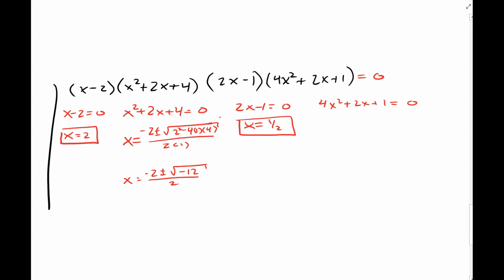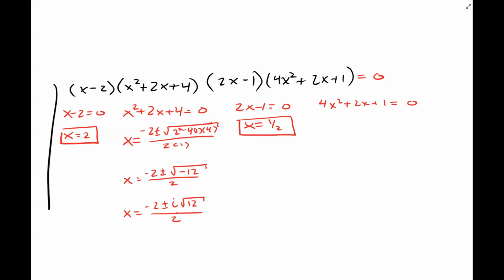How do I take the square root of a negative? What did we do back in chapter 3 when we ran into that? Well, not negative, but yes. So the square root of negative 12 is going to be i square root 12. Everybody remembers kind of doing that? Now, if you stopped here, that would be fine, but this would not be the answer that would spit out of your calculator.